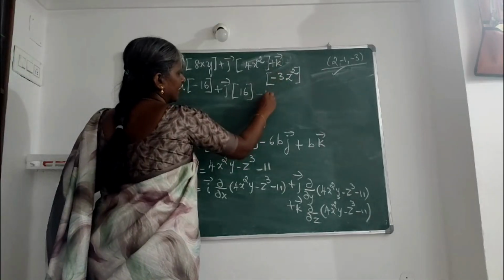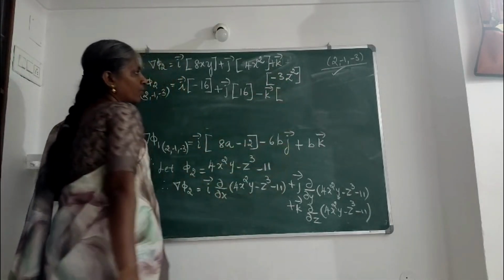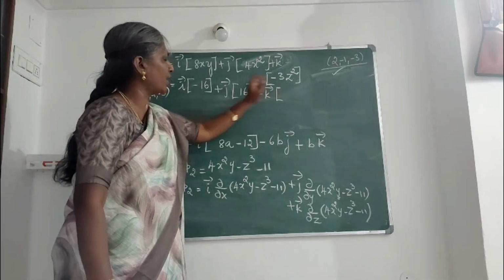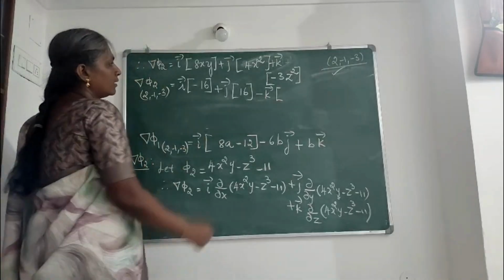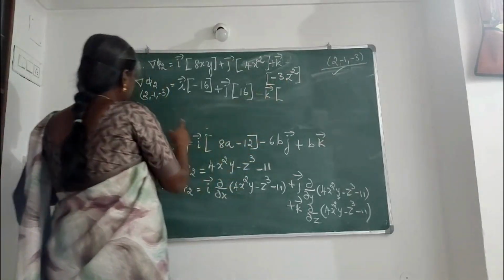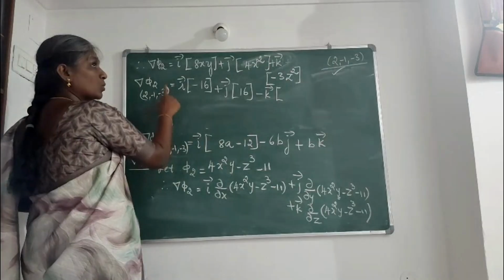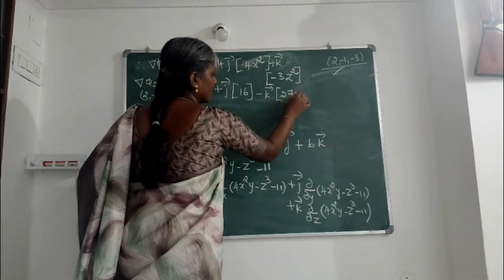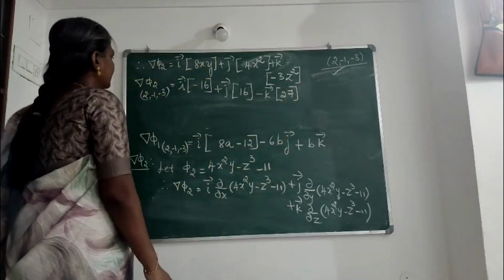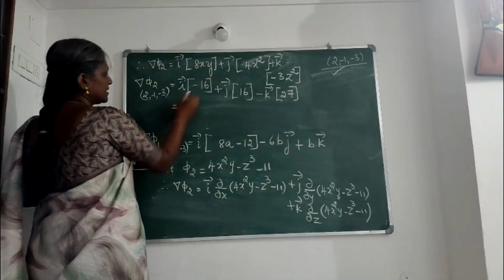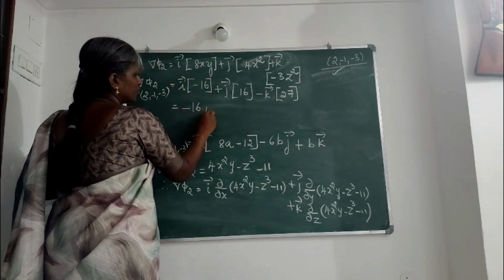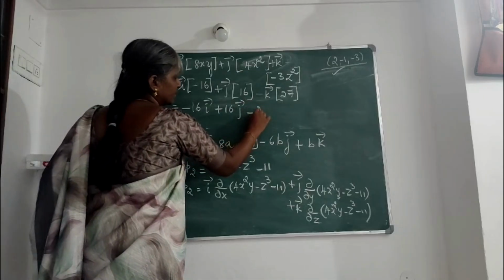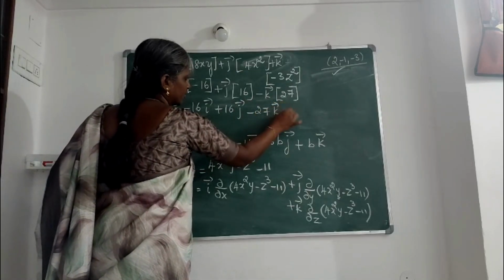Minus k vector of, here we have one minus, so I put minus k vector of 3 into z squared. Minus 3 the whole square is 9, 9 3s are 27. So we can write this as minus 16 I vector plus 16 j vector minus 27 k vector.